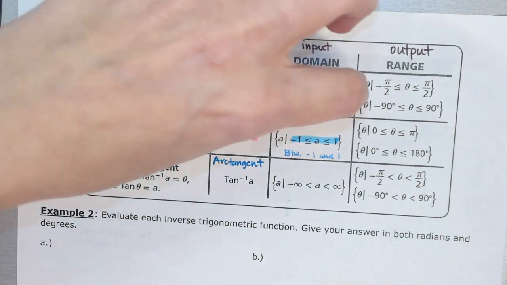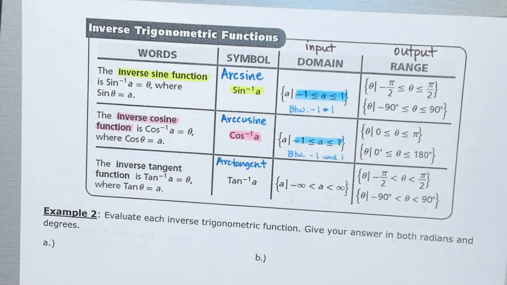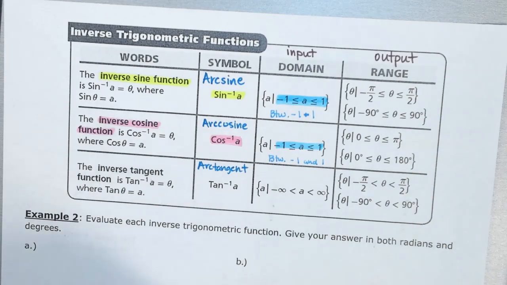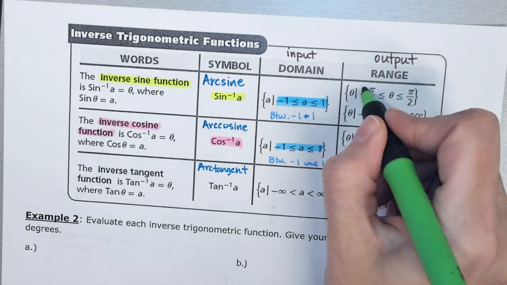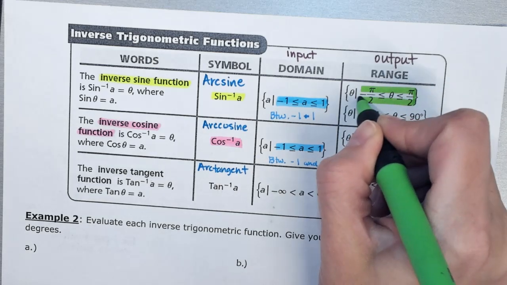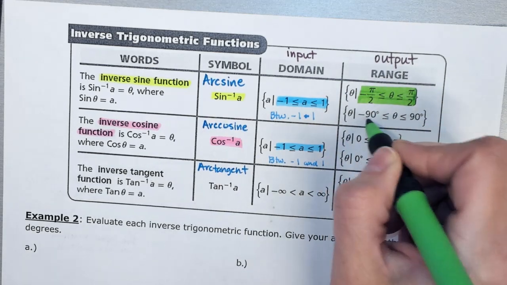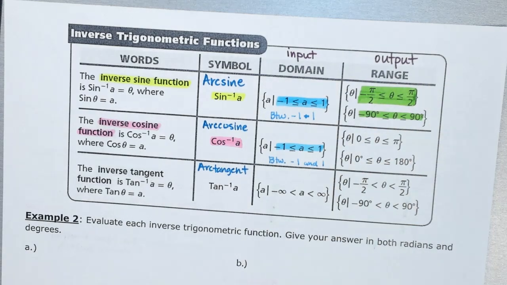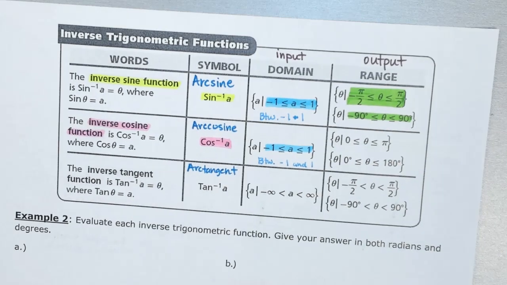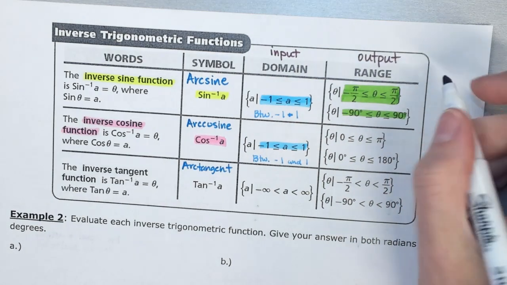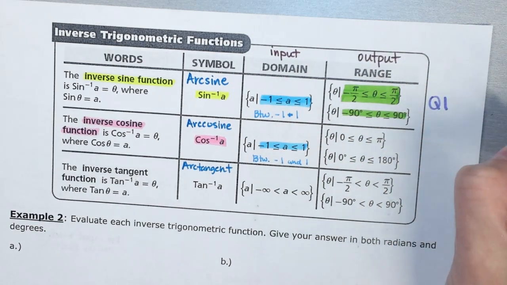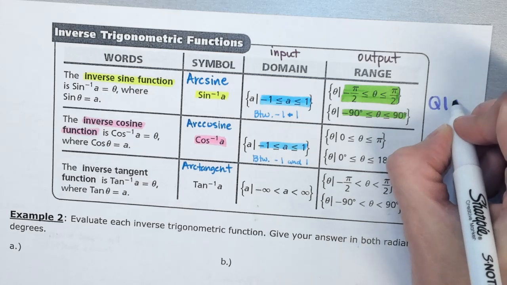Okay, and then if you do plug that in, let's look at our range, or the output. So for the sine, the output is going to be between -pi/2 and pi/2, which is equivalent from -90 to 90. And so we just talked about that. If we're from -pi/2 to pi/2, that means we're looking in what quadrants? Quadrant 1 and 4.